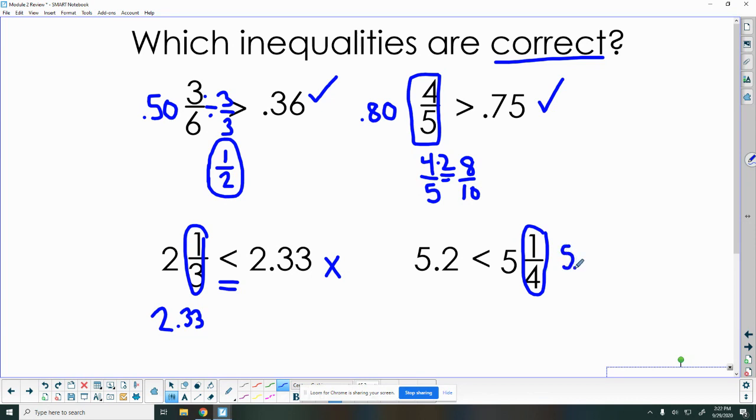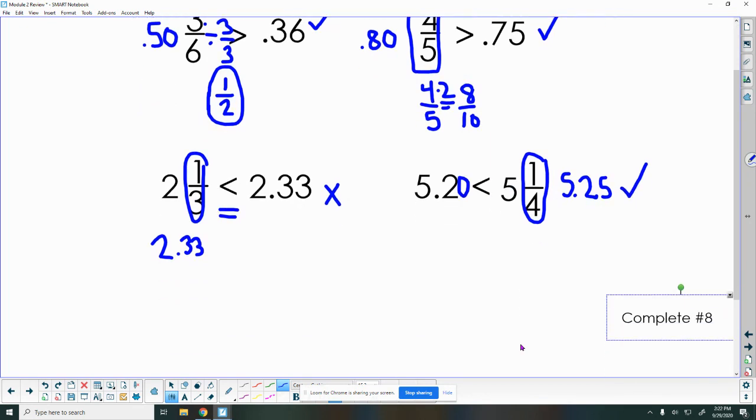So 5 1/4 is 25 cents. And I also want to add that 0 here to make it easier to compare. So $5.20, $5.25, $5.25 is greater. That one is also true.